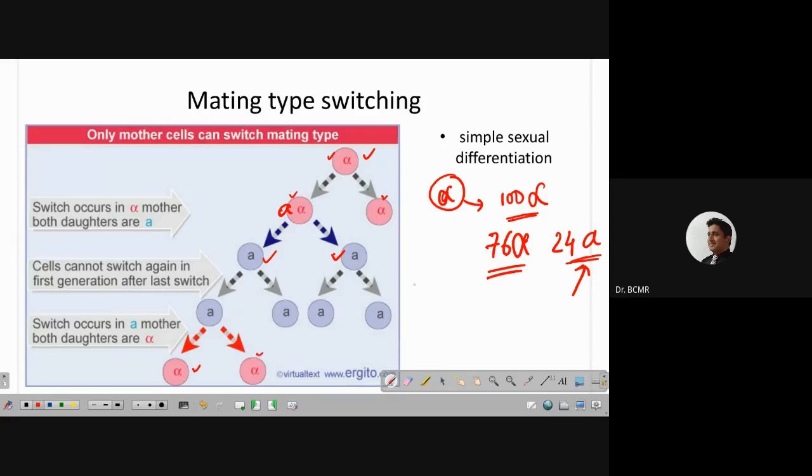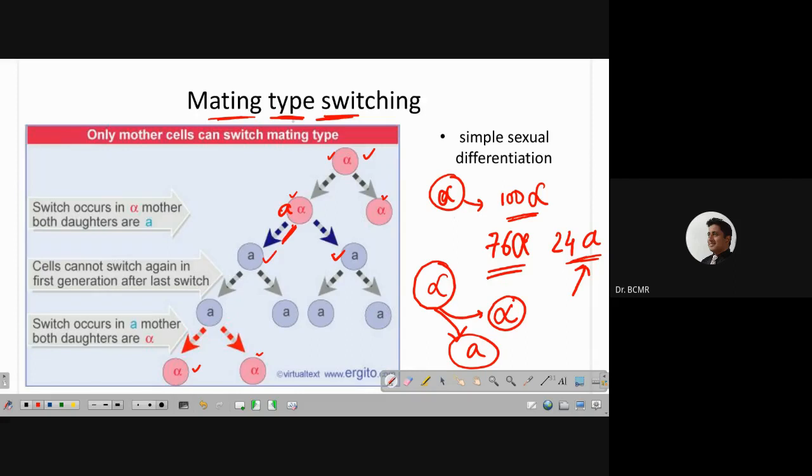That is how a population thought to be alpha eventually gives rise to a mixture of cells containing A type and alpha type. That means somewhere one of the cells can switch its mating type, and that phenomenon is called mating type switching. It's a very interesting one.